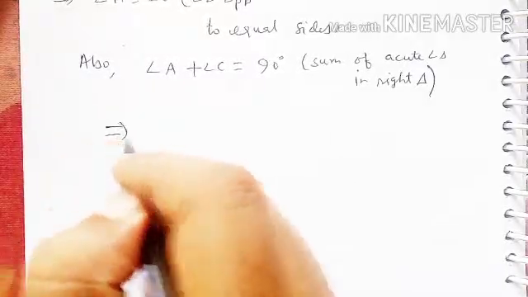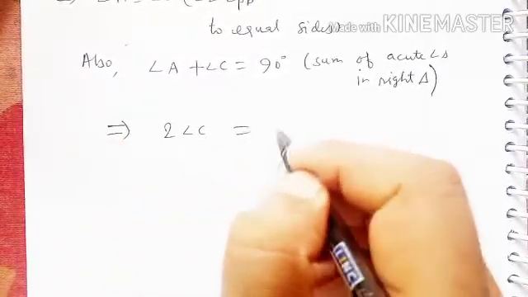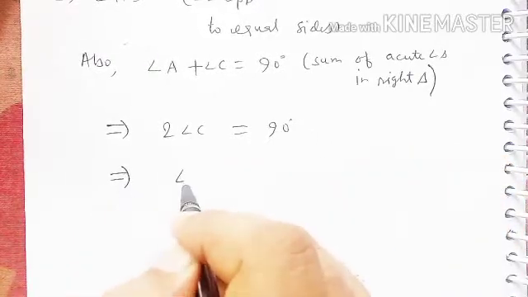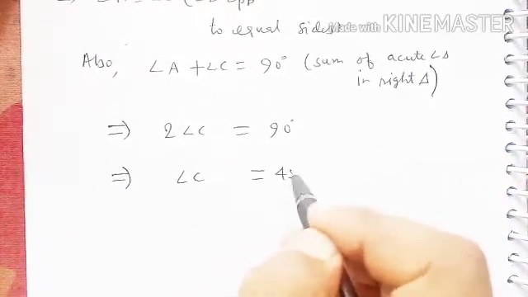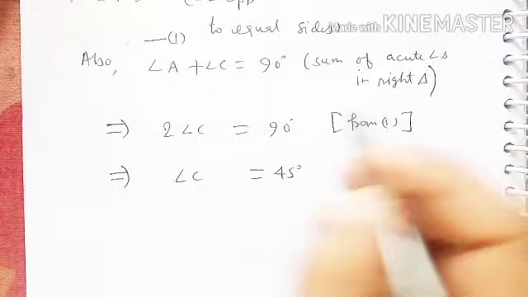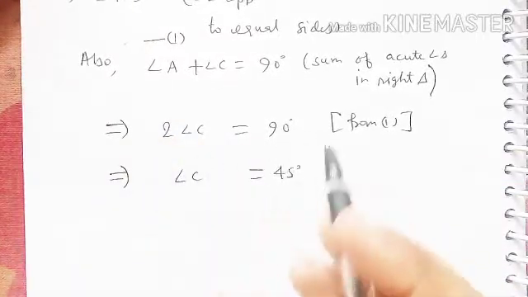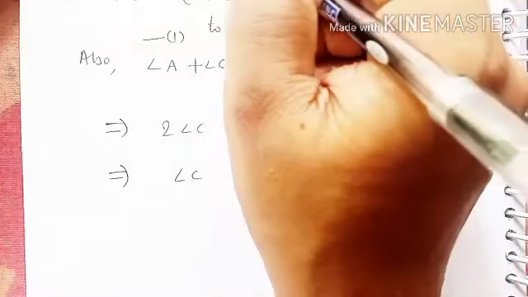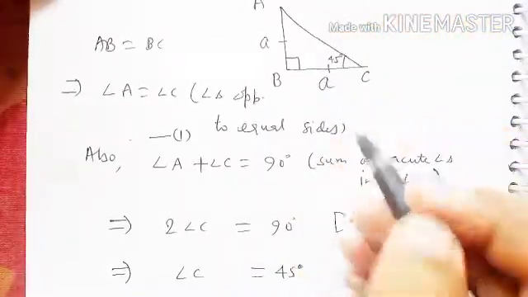This implies that 2 angle C is equal to 90 degree. Angle C is equal to 45 degree, this is our equation 1. So from 1 we can write angle A as angle C. So 2 angle C is 90 degree. If this is A, then this is also A.